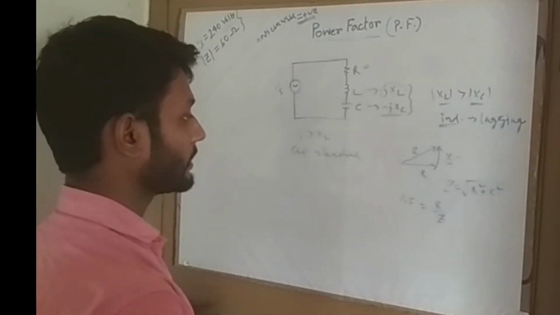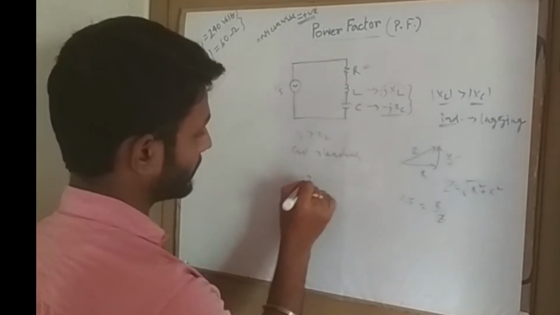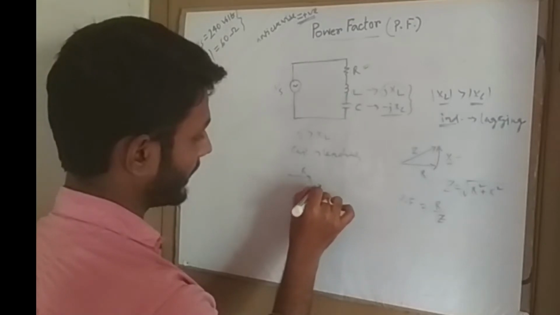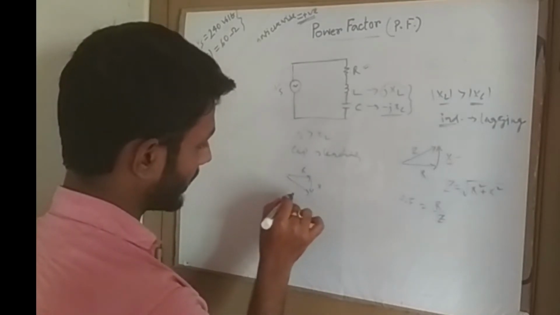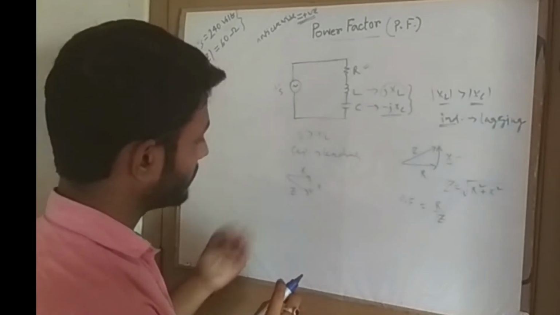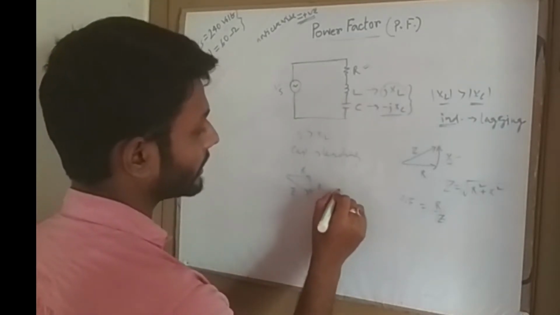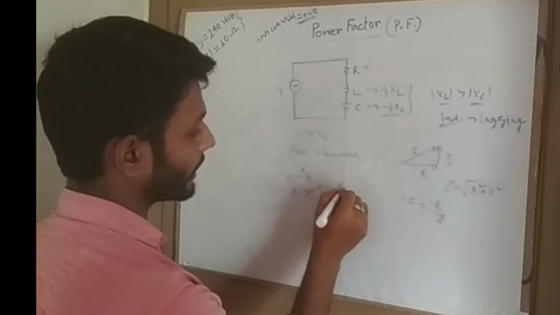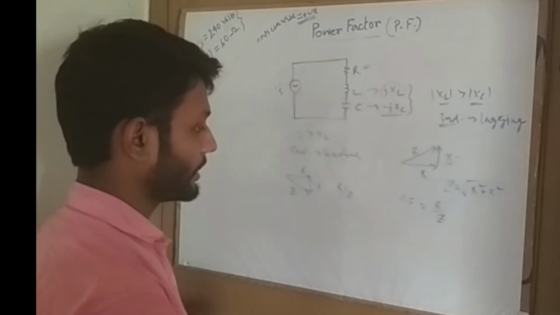Okay, then this will be R, X, and from this R and X value we will find the Z value. So here also the same power factor formula, power factor will be R divided by Z.